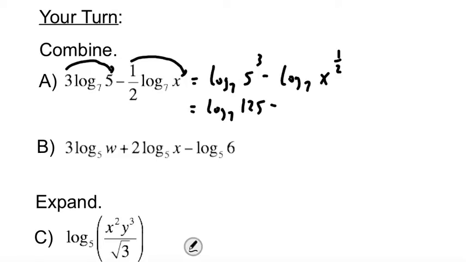And this x to the 1/2 there is actually the square root of x. And then I see I've got the subtraction sign there. Subtraction sign there means division. So I'm going to put this together as a division problem with a single log. So I've got log base 7 of 125 over the square root of x.